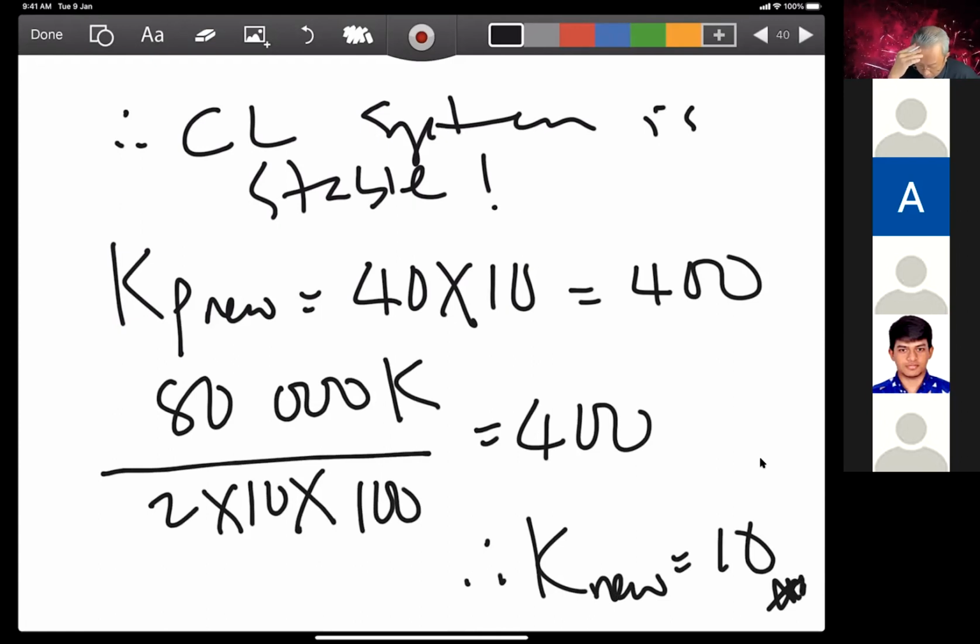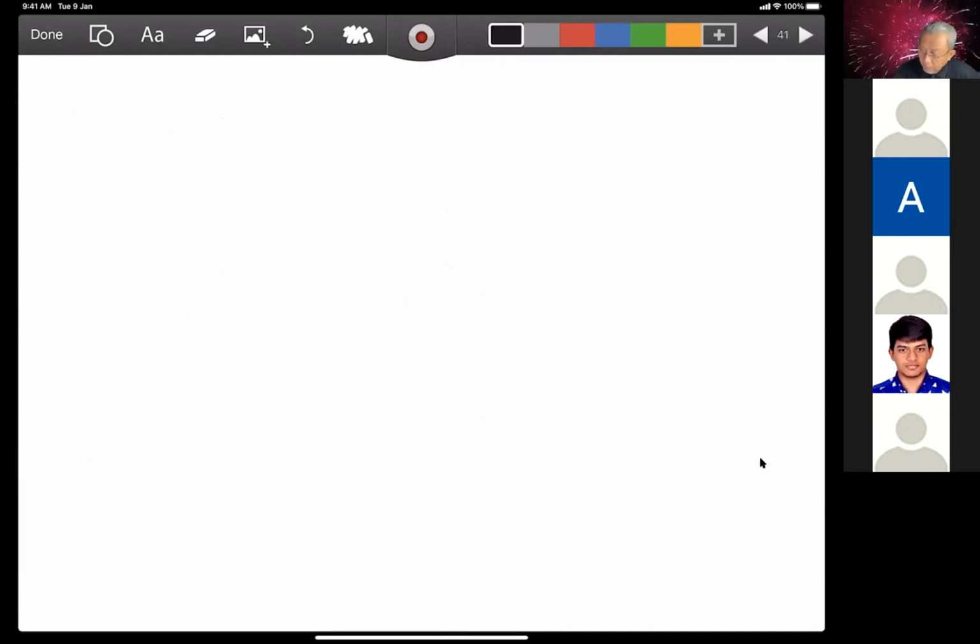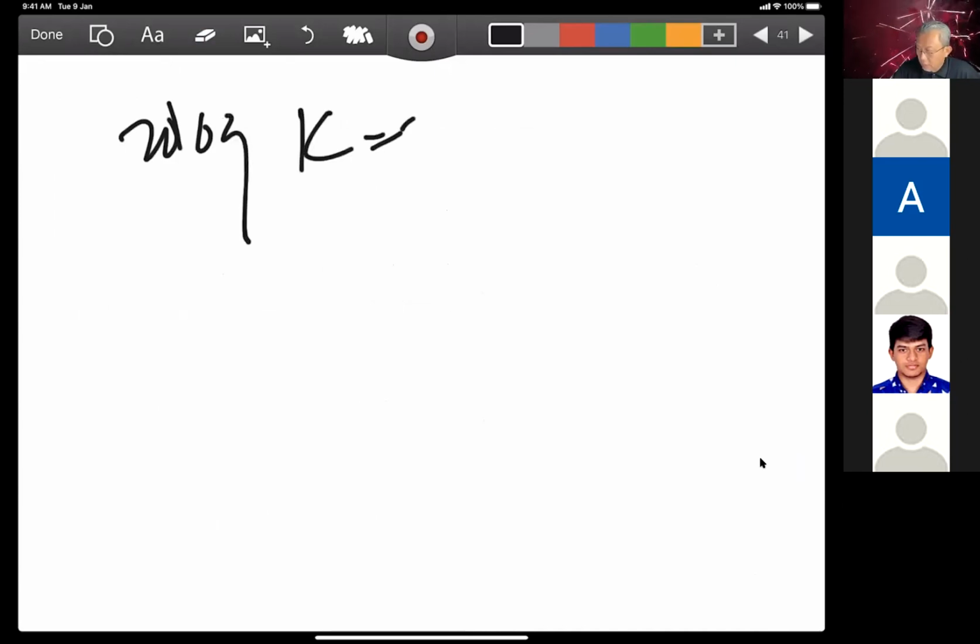Using the given graph in 3B and 3C, sketch the graph with the new value of K. How are you going to do that? First, you calculate 20 log K, 20 log 10, the new one.